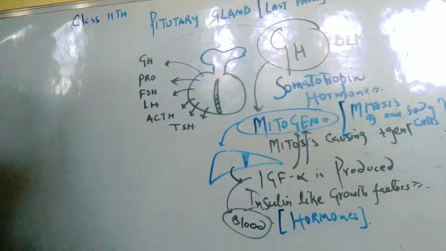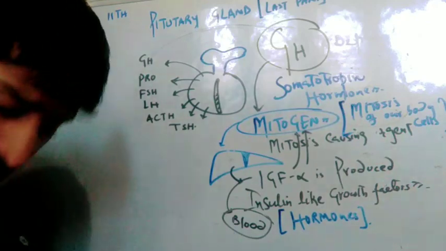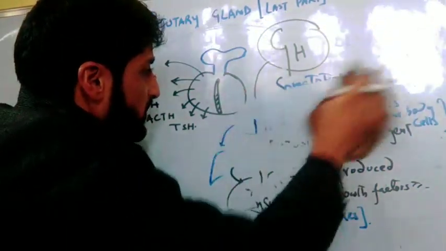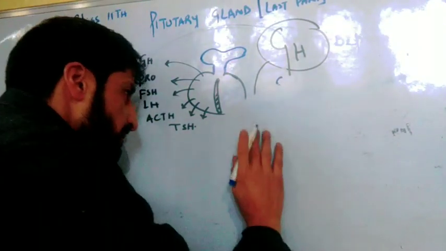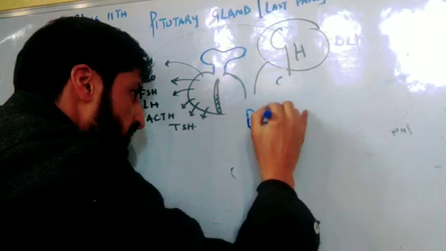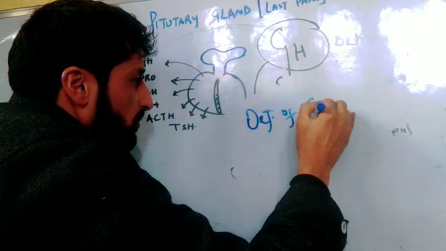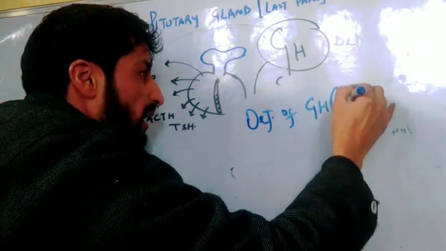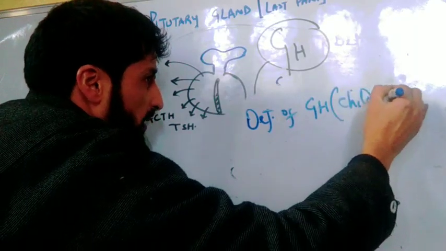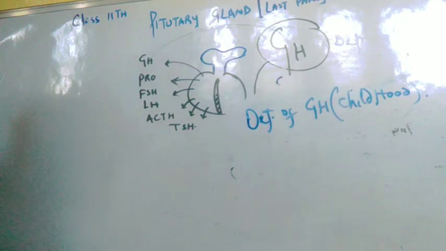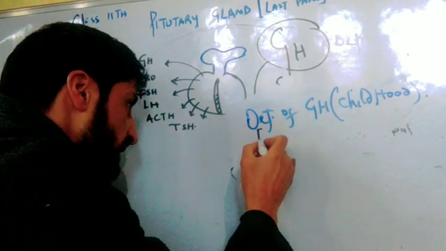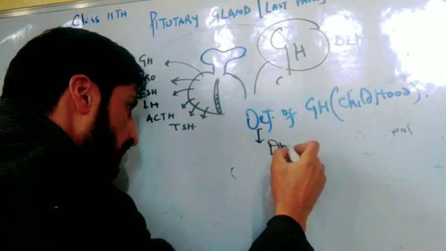Now, if there is a deficiency of growth hormone, suppose from childhood, from early stage or from birth, then obviously the person will suffer from dwarfism.